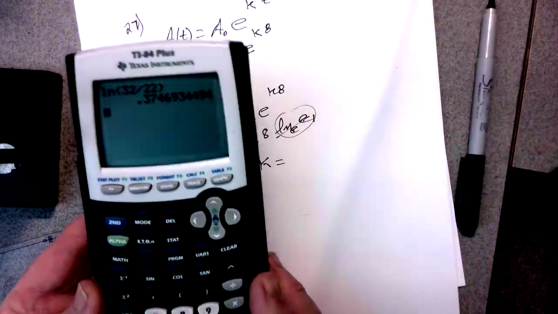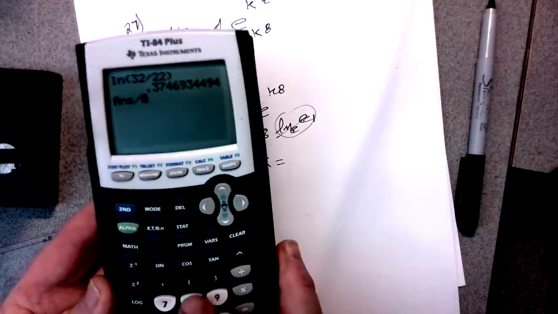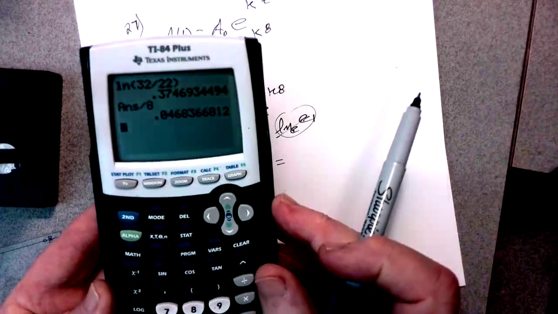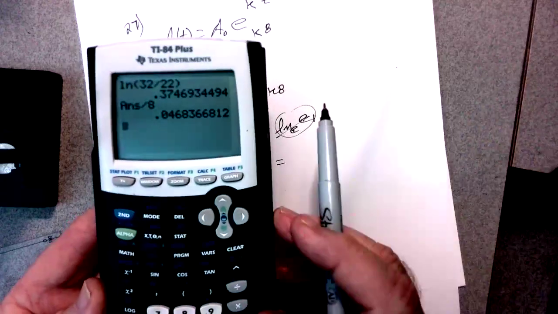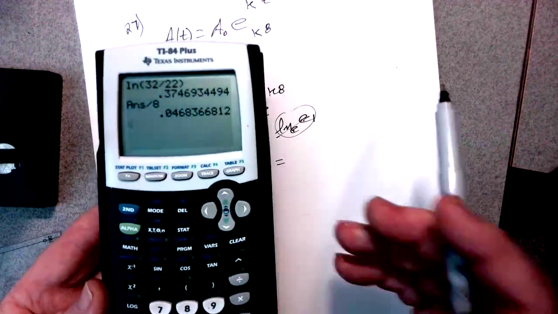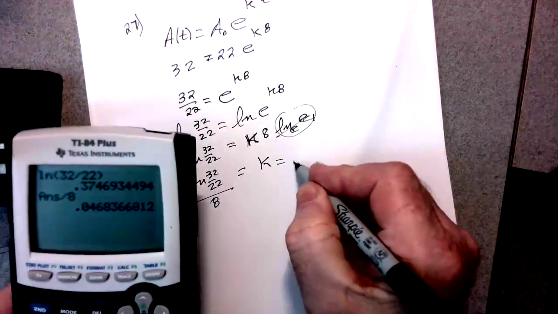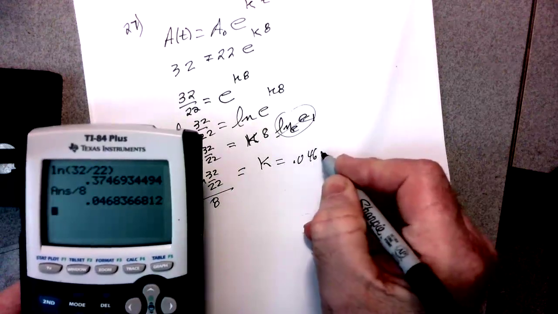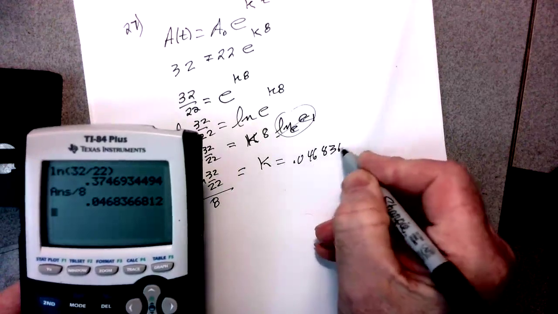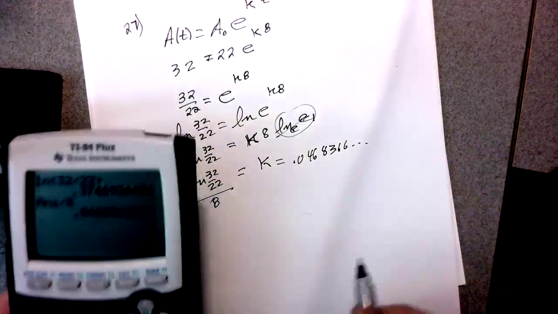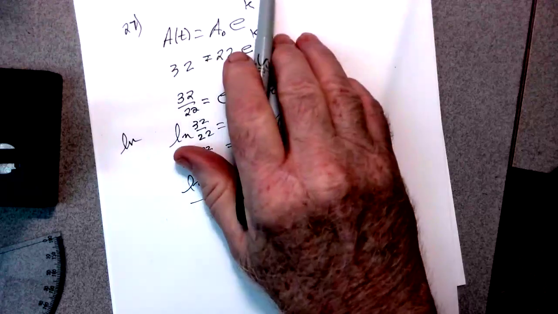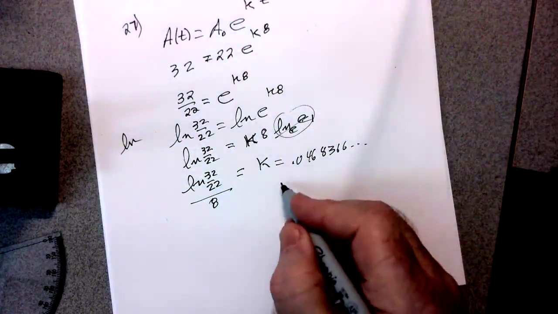I'm going to divide this number by 8, and I get that the k factor is 0.04683 and some more. I'm just copying this number down, 0.0468366 and so forth. The instructions say to round it to 3 decimal places.